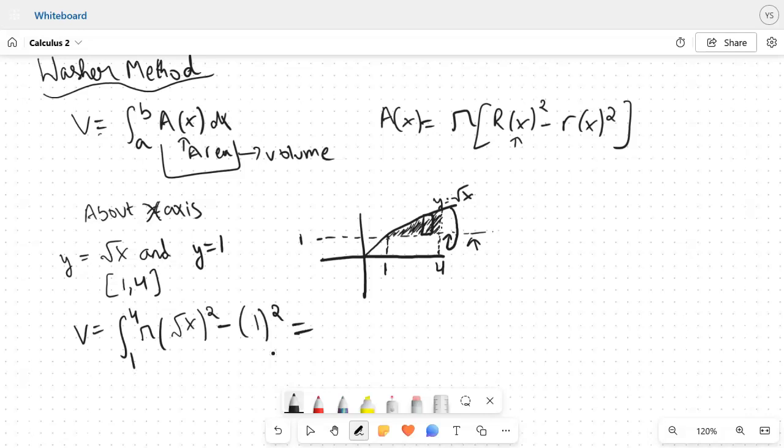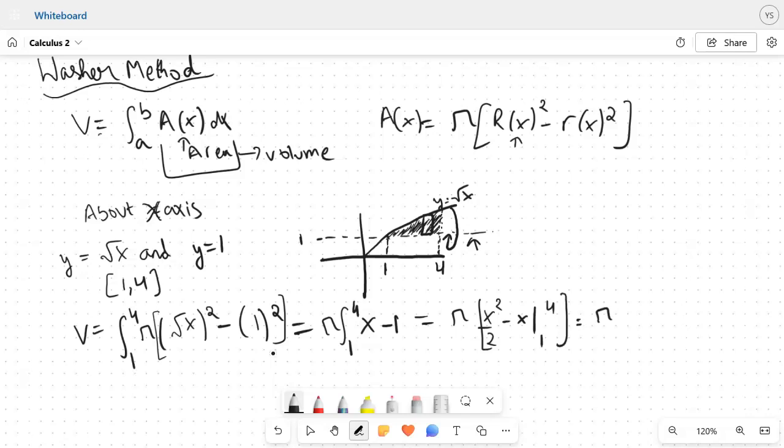This is going to be equal to the integral from 1 to 4 of, remember pi is a constant, so we can take that outside, and square root of x squared is going to be x, minus 1. Now when we try to solve the integral, it is going to be x squared over 2 using the power rule, minus x, from 1 to 4.